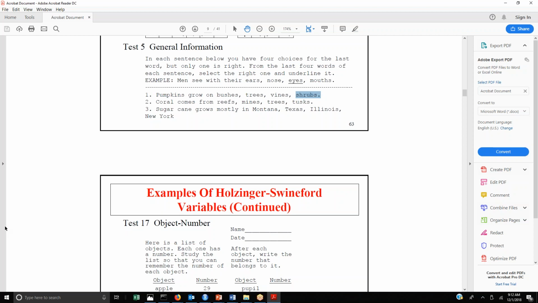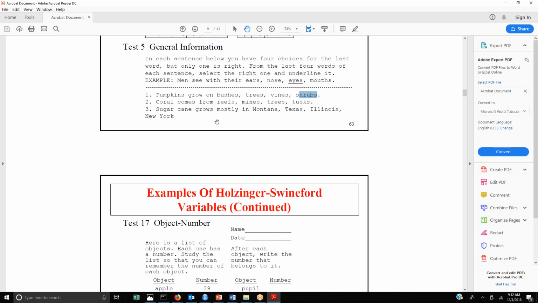Let's say shrub. Which one belongs here? Pumpkins grow on bushes, trees, vines, and shrubs. Out of that, shrubs is correlated with what? Okay, everybody gets it?